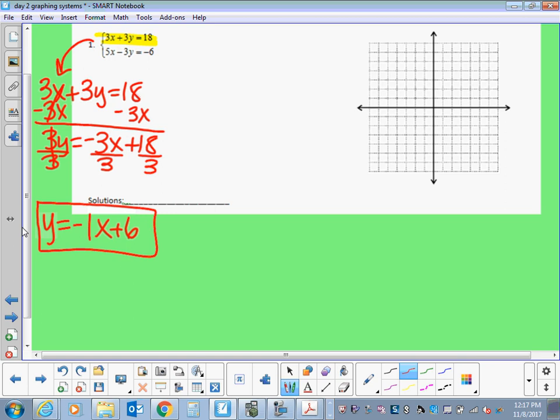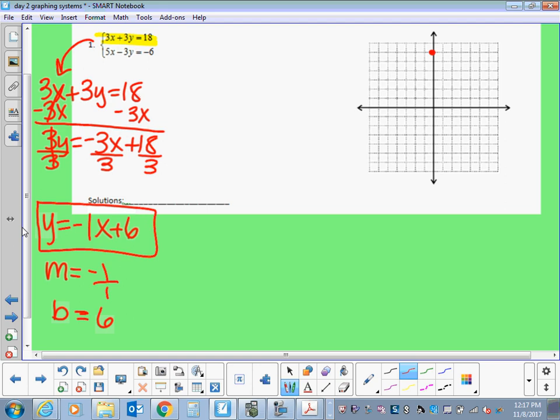You can put this in your calculator and get points if you want. But I think that we can go ahead and just put this in ourselves. What's my slope here? Negative 1, basically over 1. What's my b? 6. So if you want to put it in your calculator and get points, you can. But I'm just going to go over here to b, 6. 1, 2, 3, 4, 5, 6.